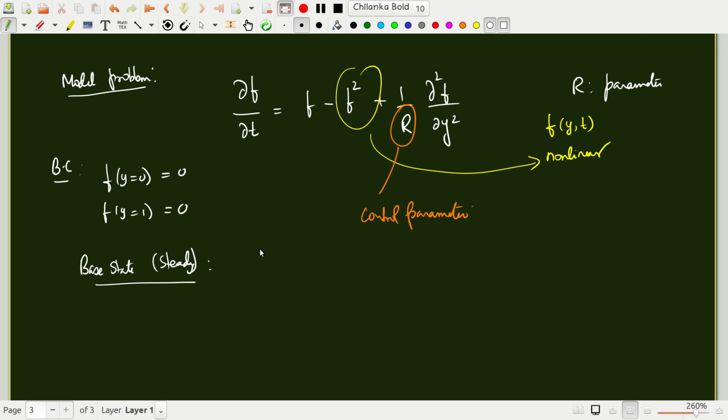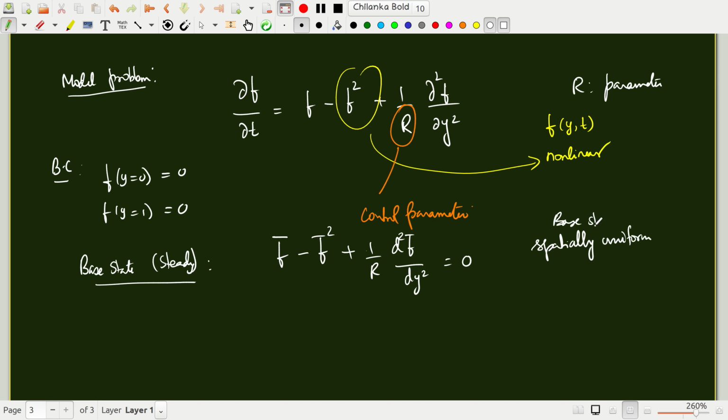Now you will note that the base state is obtained by simply f bar minus f bar squared plus 1 over r times the second derivative of f bar. Let's consider the simplest case of a spatially uniform base state. What does it mean? If something is spatially uniform, the derivatives are 0. That means you are left with f bar minus f bar squared is 0, f bar into 1 minus f bar is 0.